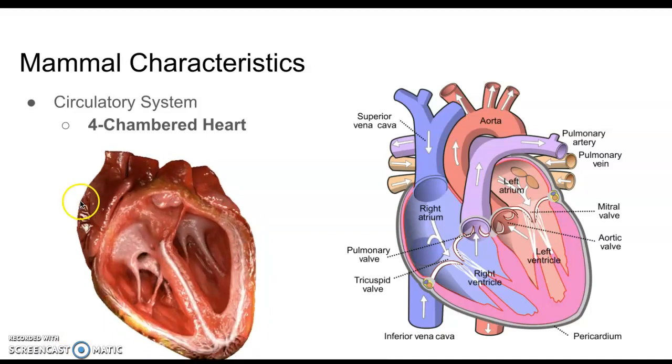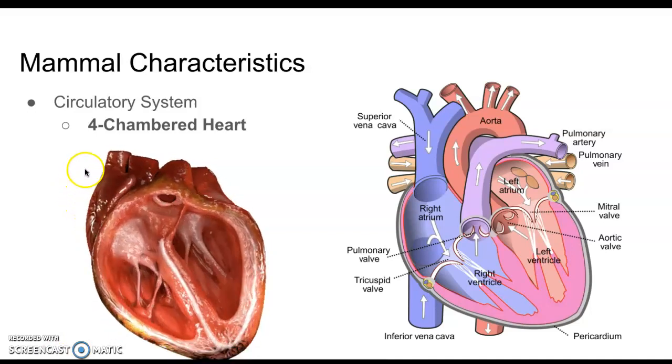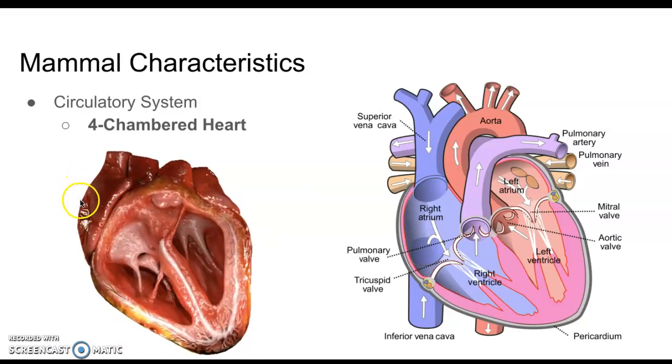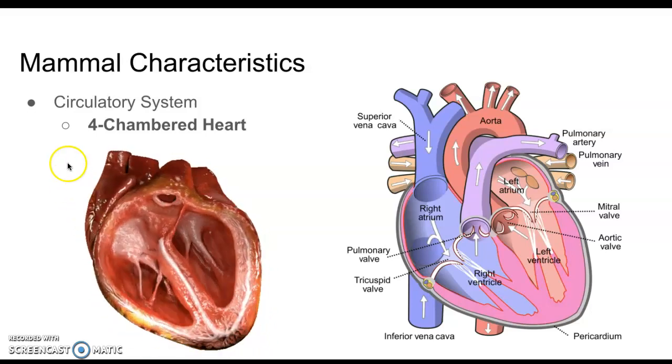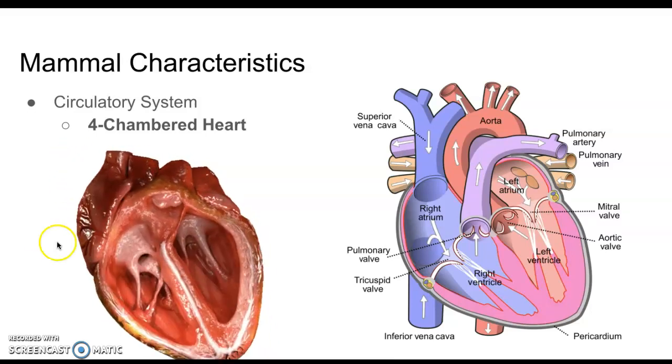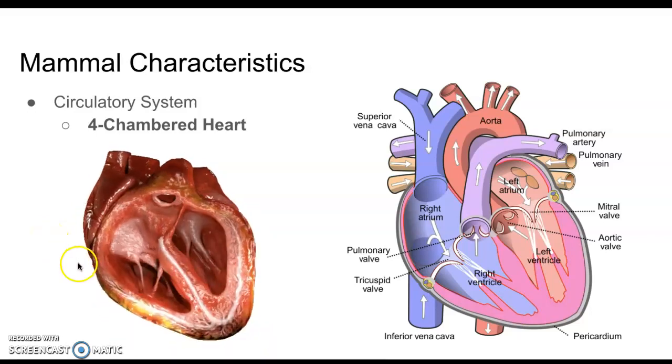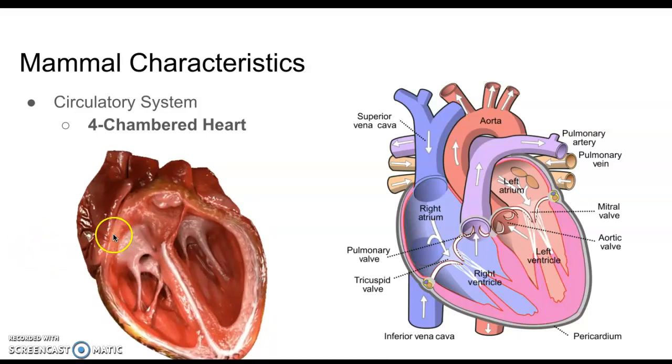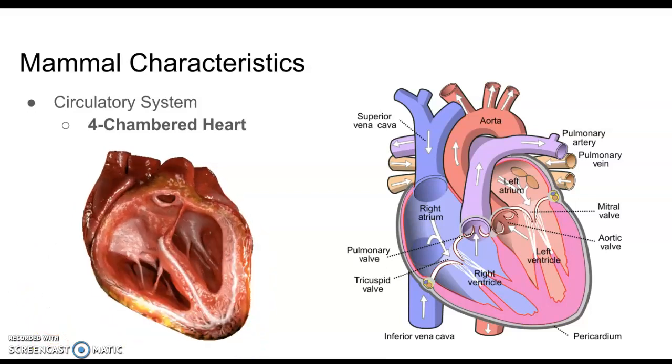And that requires us to have a 4-chamber heart. Remember that the 4-chamber heart is what has the most effective absorption of oxygen that gets transmitted to the rest of the body.